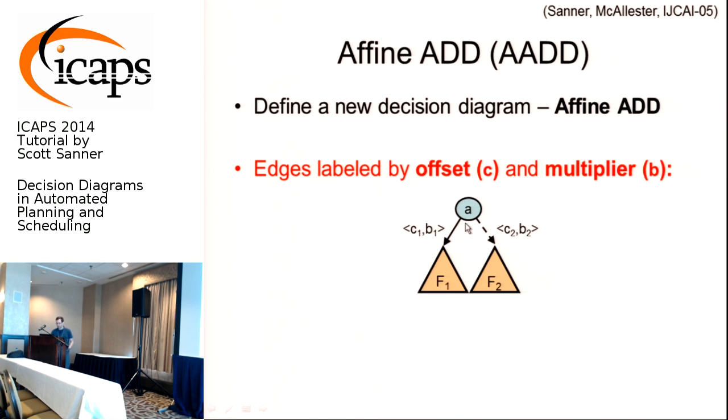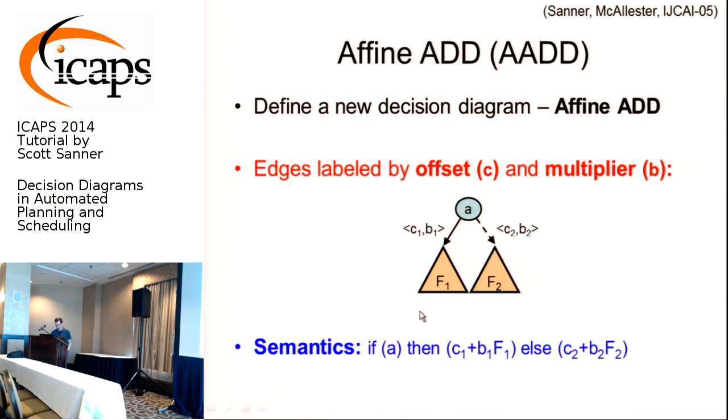So every edge is labeled with an offset C and a multiplier B. And the interpretation is, if A is true, then I evaluate the subfunction, multiply it by B1, and add in C1. So if A is true, the resulting value is C1 plus B1 times F1. If A is false, I get a different constant offset and multiplier, C2 plus B2 times F2. Okay? So we call it the affine ADD because we have affine transforms on the edge.